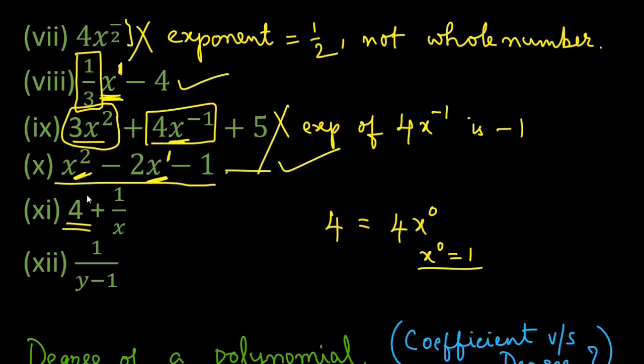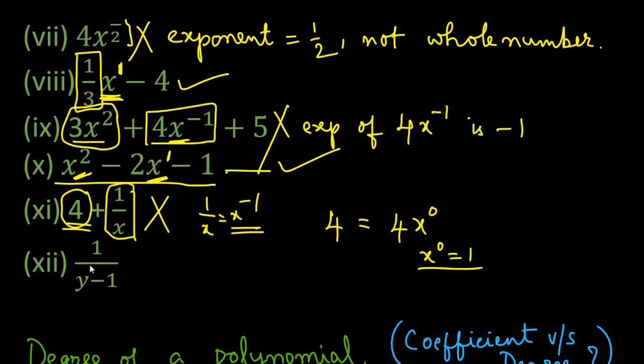So the term 4 is also a term of a polynomial, but this term 1 by x doesn't make a polynomial. 1 by x means x power minus 1. The exponent here is minus 1. It is not a whole number, so this is not a polynomial.